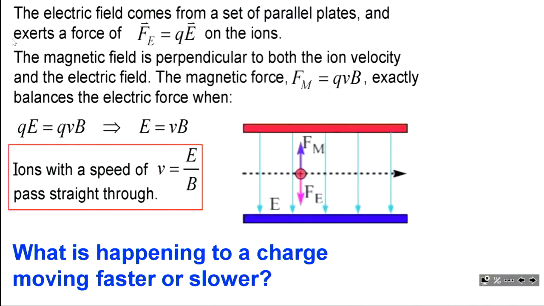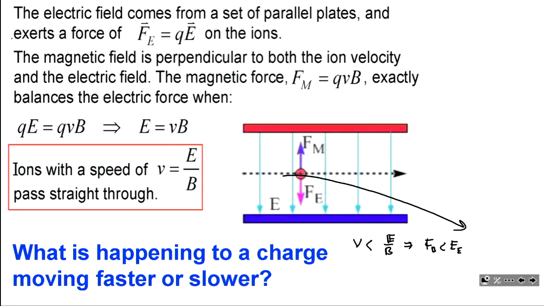So, what's going to happen if the speed of a charge is different from this value? Well, let's say that the speed of a charge is less than this ratio. That would make magnetic force weaker than electric force. So electric force would have been stronger, and the charge would travel like this.